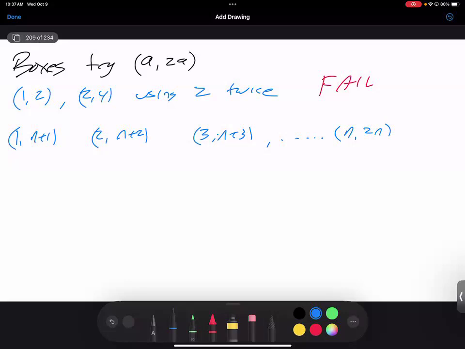We're trying to force it so that we have n boxes, where each box has the small element dividing the larger. Will the small element always divide the larger here? Not necessarily. For example, if n equals 8, we would have 1 and 9, and then 2 and 10, and then 3 and 11, and so on. And this is another fail.